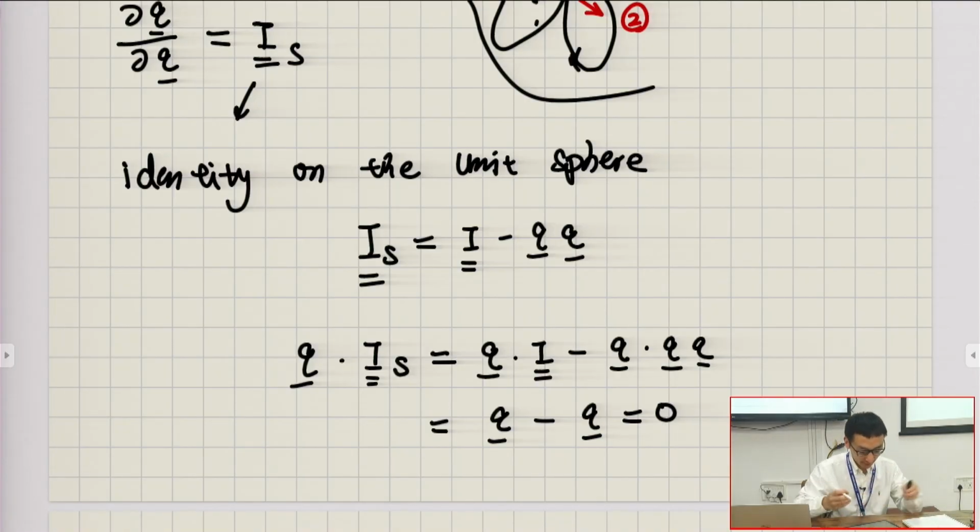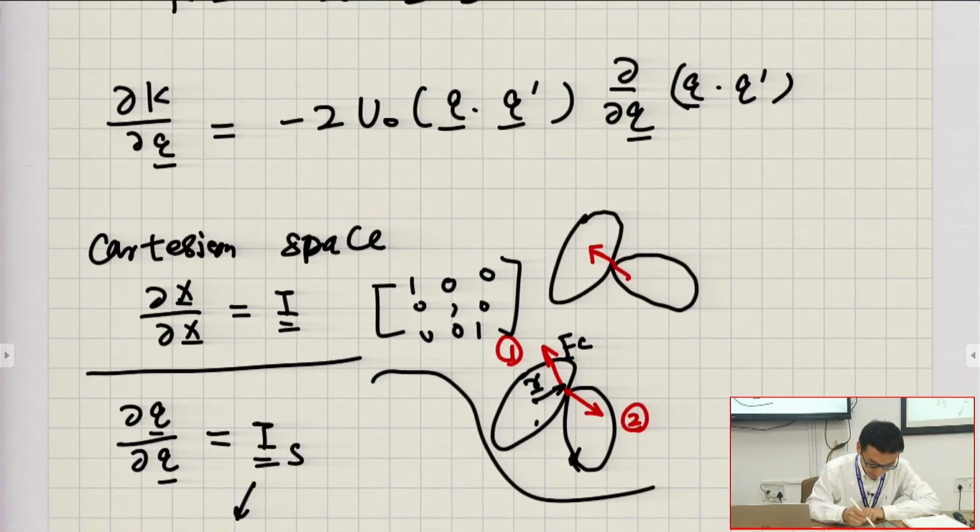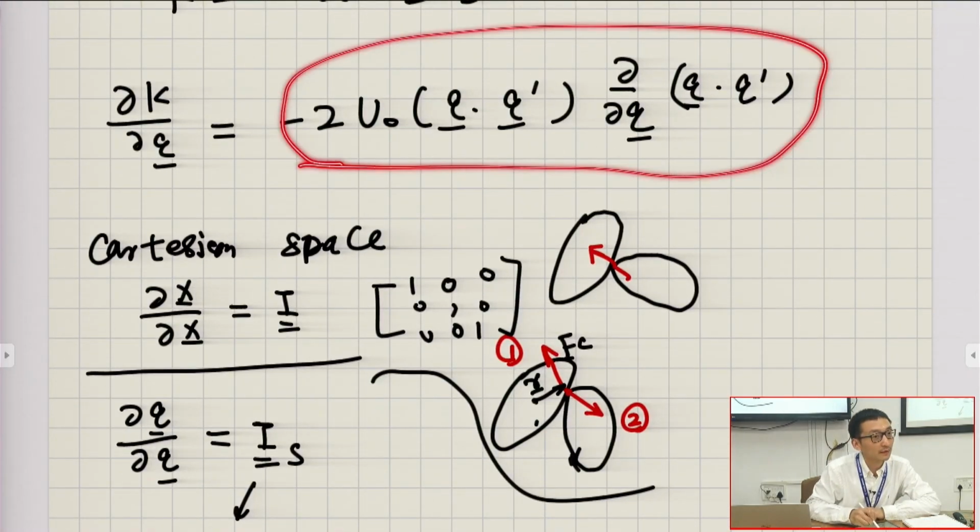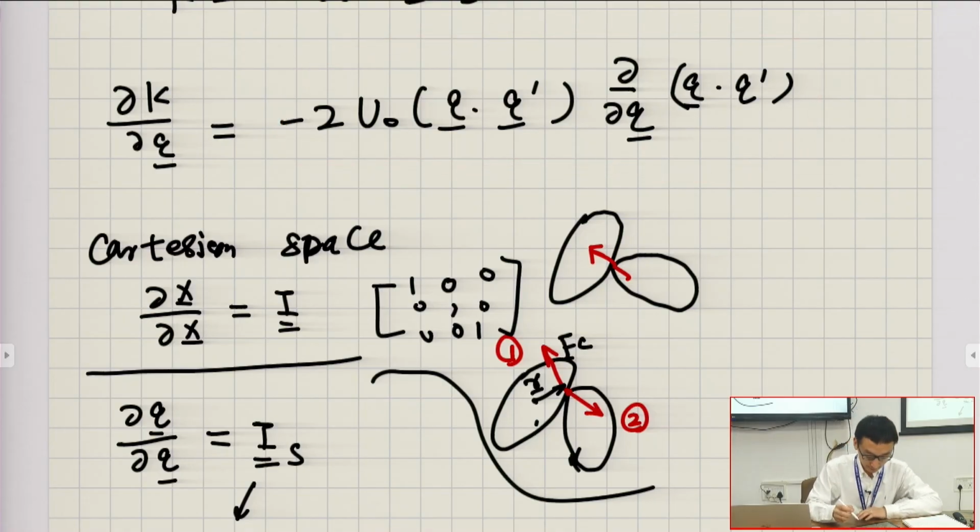Okay, that's fine. So we have this thing now, and then we can come back and assemble our derivative here, right? So we have all the pieces together. So let's do that.